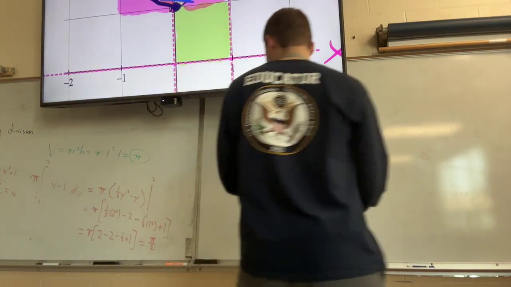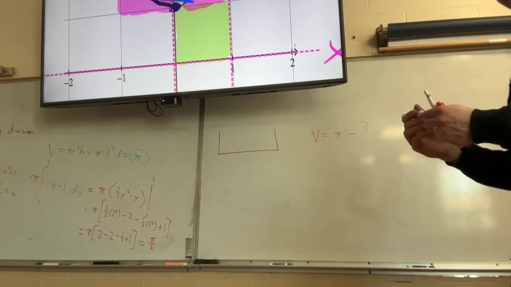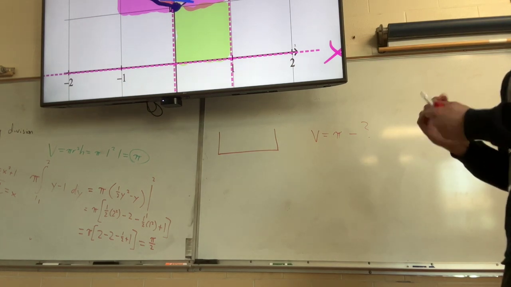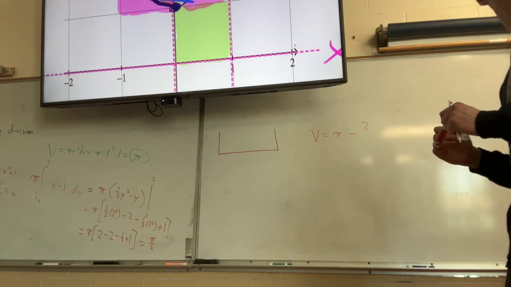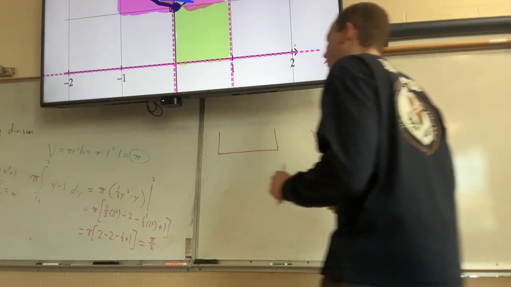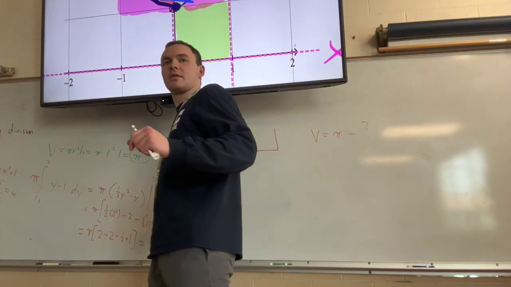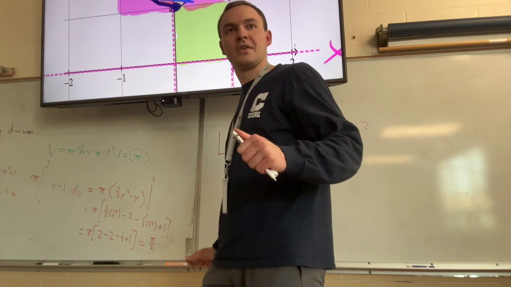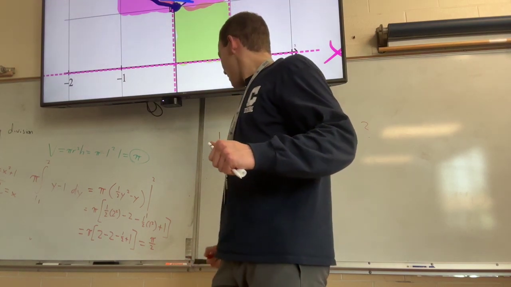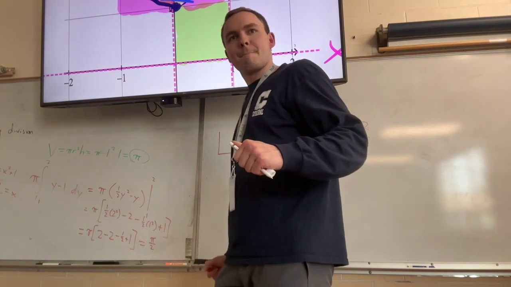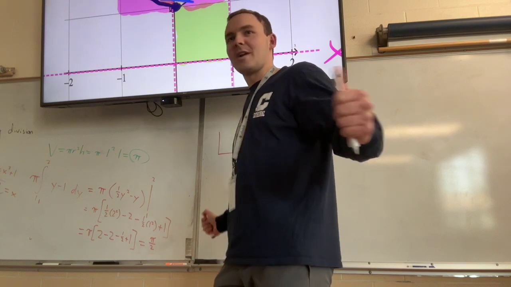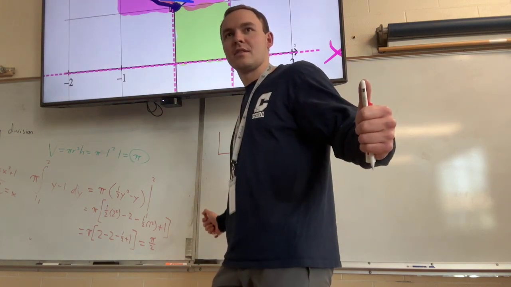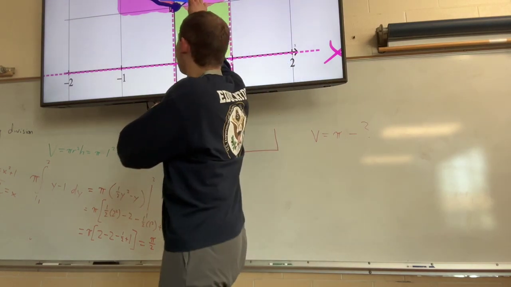Okay. Questions? I did that super fast. That was not good teaching. So where did we get slowed down? Where are we stuck? We're not stuck? We're getting the area of the orange region, yeah?